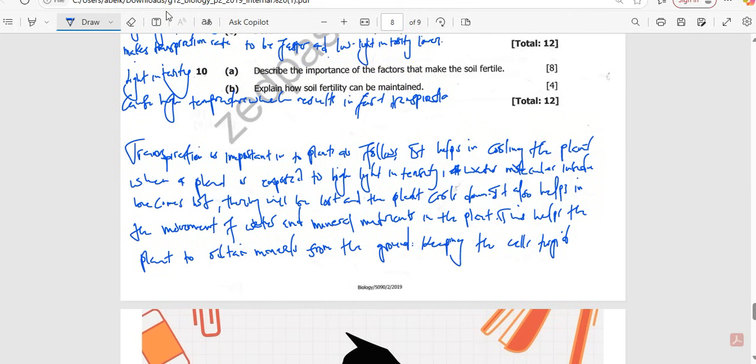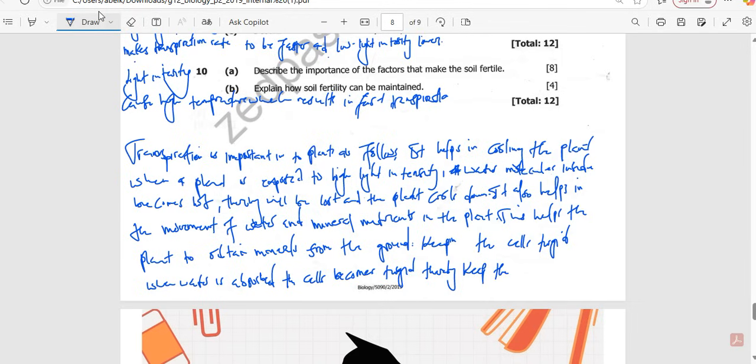Now, when you say keeping the cells turgid, we are saying that when water is absorbed, the cells become turgid, thereby keeping the shape of a plant.